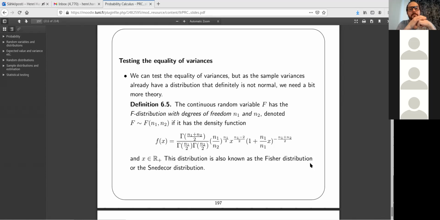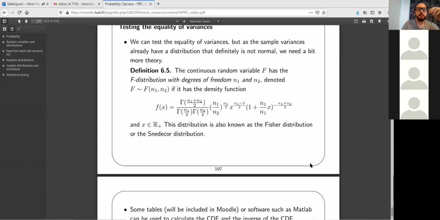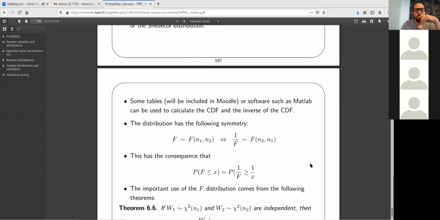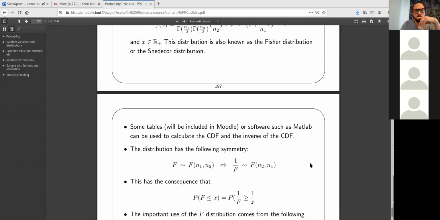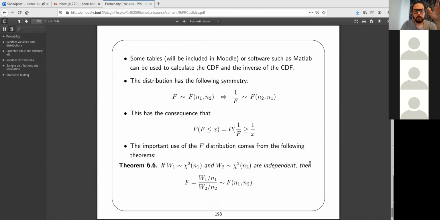And where does that F distribution come from? The F distribution can be obtained by calculating a quotient of two chi-squared distributed variables. The distribution has the symmetry that if you switch the roles of the parameters n1 and n2, then you gain a multiplicative symmetry around the value 1.